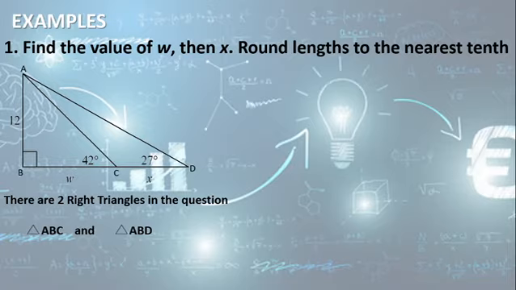Okay, so now what we'll do is to deal with each of these triangles one after the other. So first we'll look at triangle ABC. That's the smaller triangle. Now in that triangle you have a vertical line that is 12 units long, you have a horizontal line that is W units long, and then you have an angle which is 42 degrees.